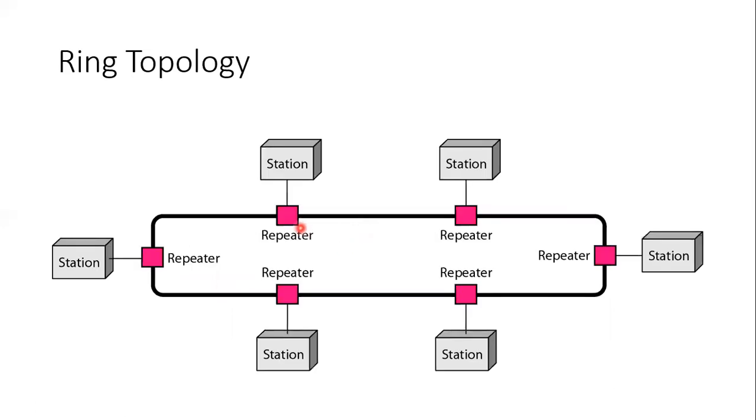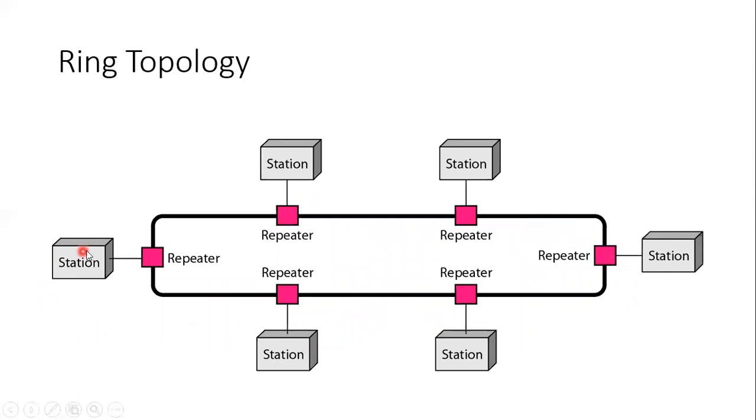Then the next topology is the ring topology. Under ring topology, each device has a dedicated point-to-point connection with only two devices, one on either side of it. So either we can connect this way or this way.